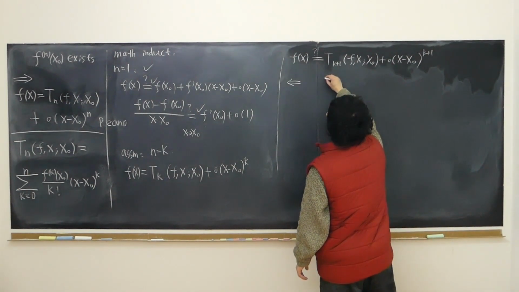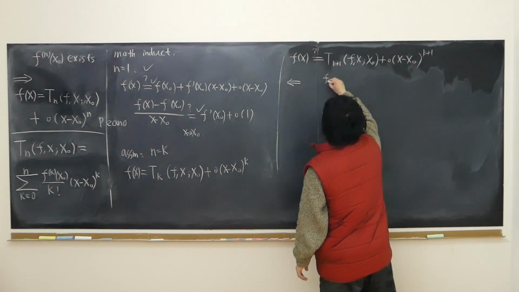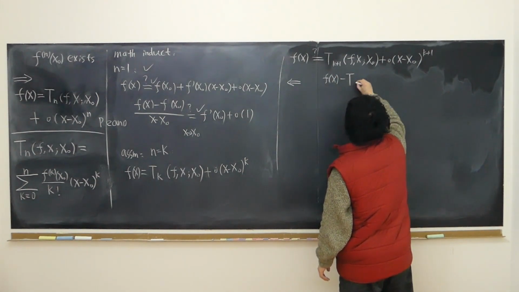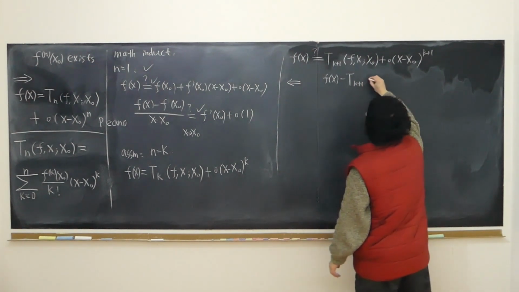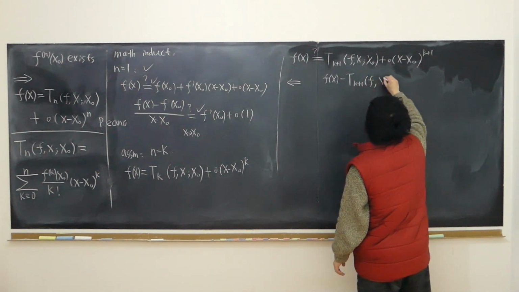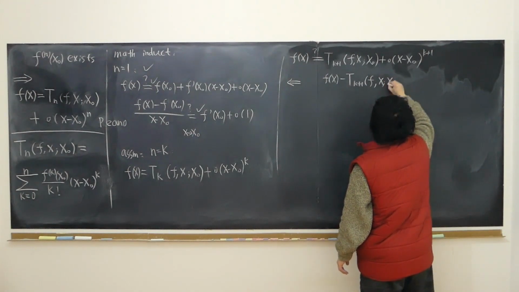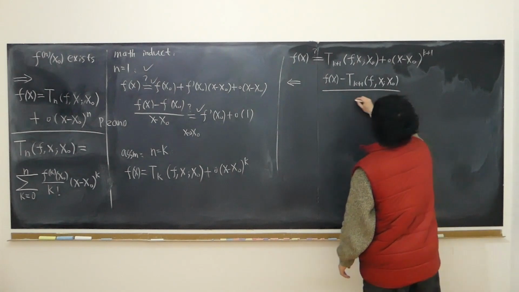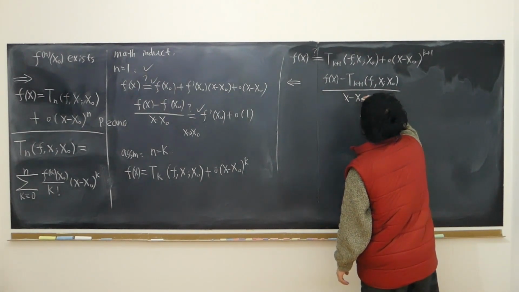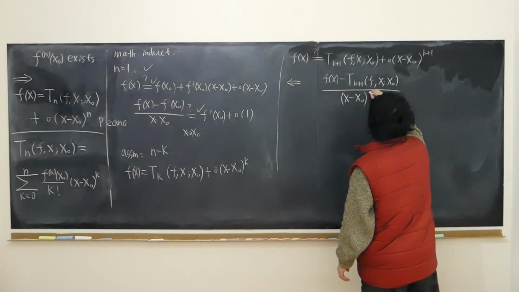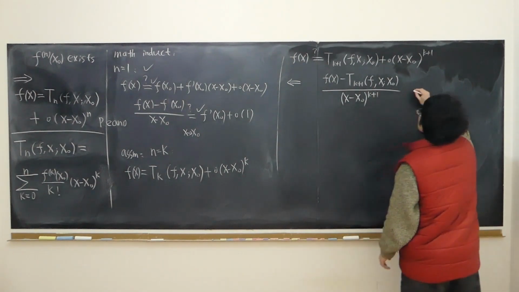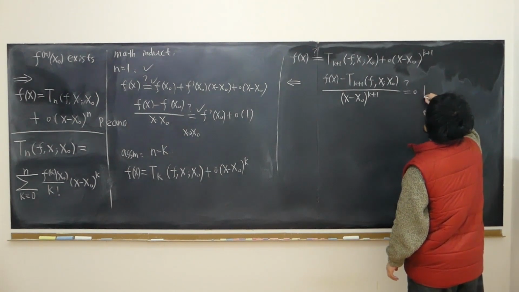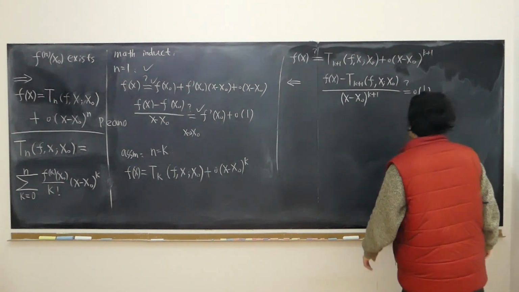So in other words, we just have to show that f of x, after we subtract T sub k plus 1 of f at x0, then we divide everything by (x minus x0) to the power of k plus 1, is equal to little o of 1.